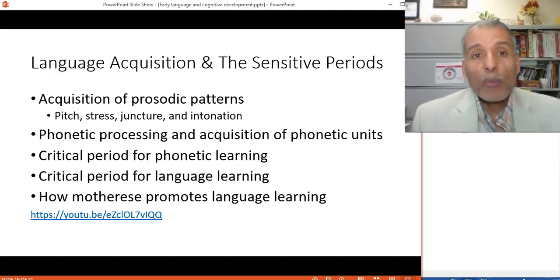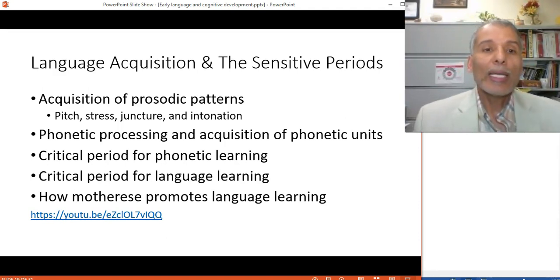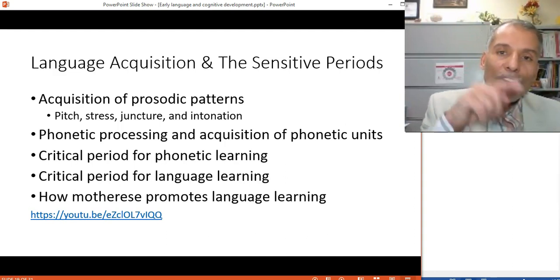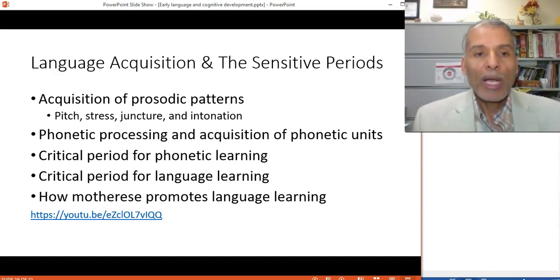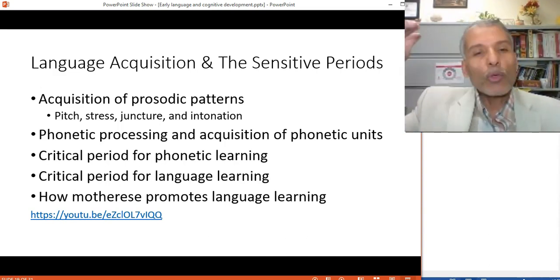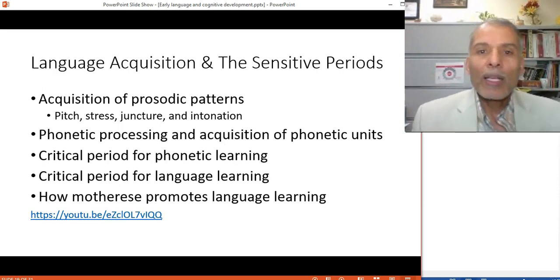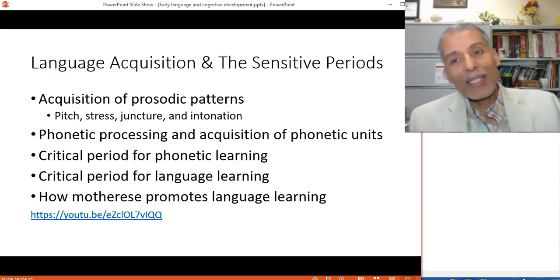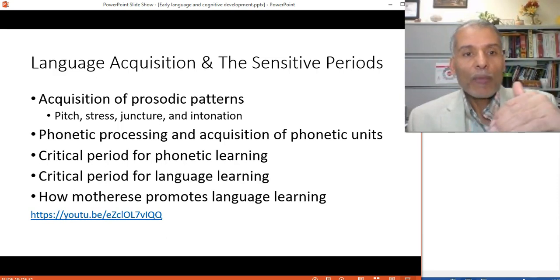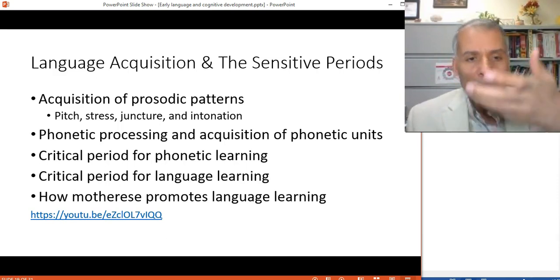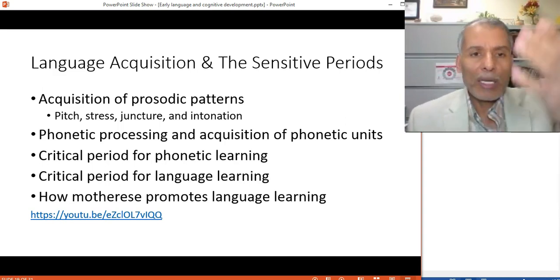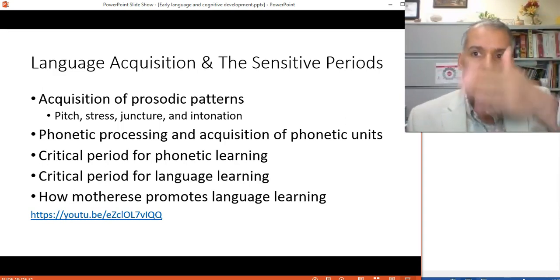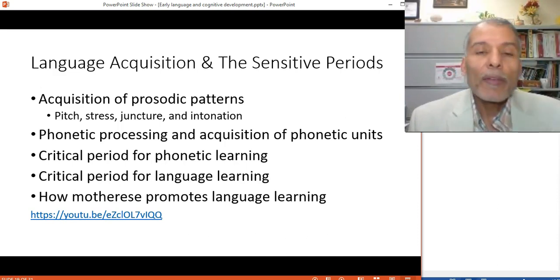What is prosody? Prosody is the natural rhythm, the natural melody of language. When you say a question, you raise your pitch at the end. Did you really do that? When you make a sentence, you drop pitch at the end. So you raise your pitch, lower your pitch, raise your voice, lower your voice, and as you speak, you make waves and waves.